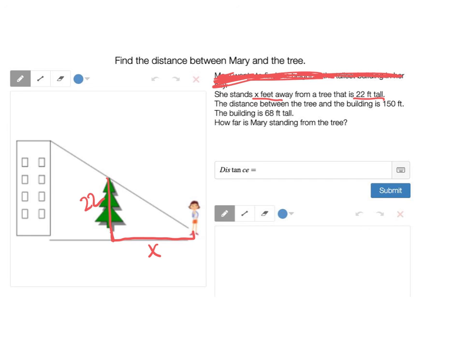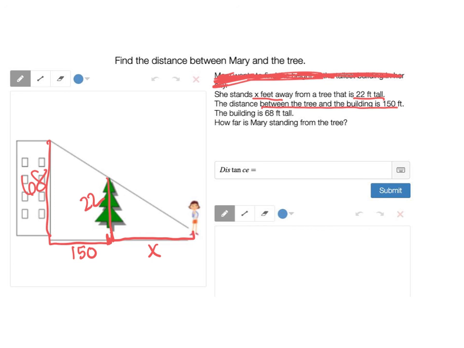The distance between the tree and the building is 150. The building is 68.